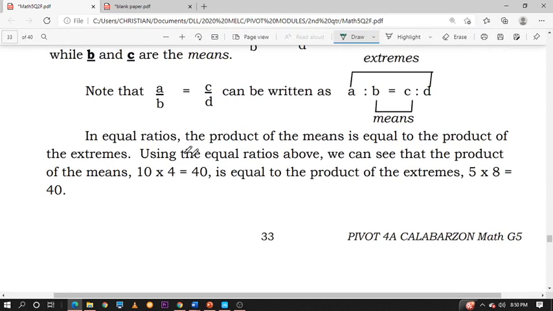In equal ratios, the product of the means is equal to the product of the extremes.